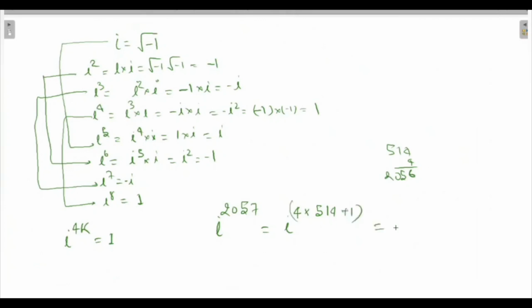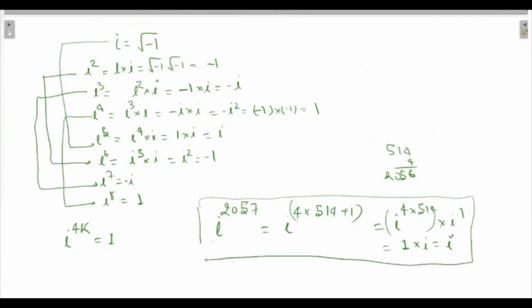So I can also write it as 4 into 514 plus 1, so i to the power 2057 is i to the power 4 times 514, into i to the power 1. I know that any power of i with a multiple of 4 will be 1. So this is 1 into i, so this is going to be i. This is how you solve any power of i. I hope this part you guys know. I'm just doing it again just to ensure that you guys understand.